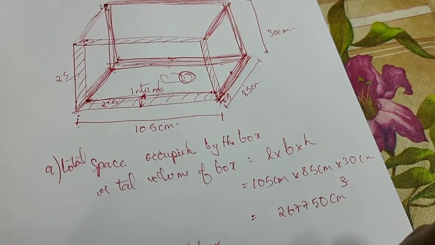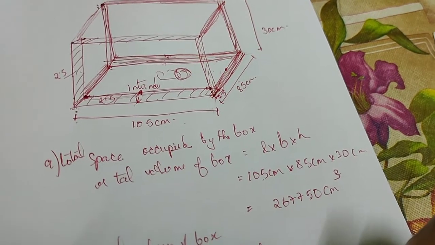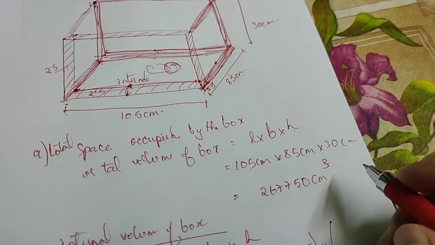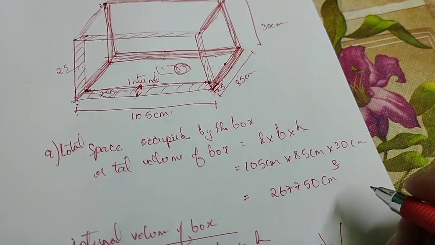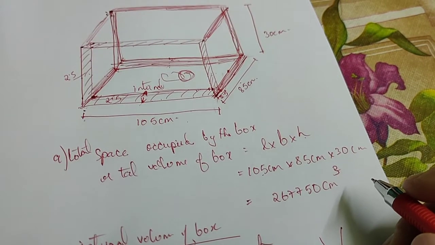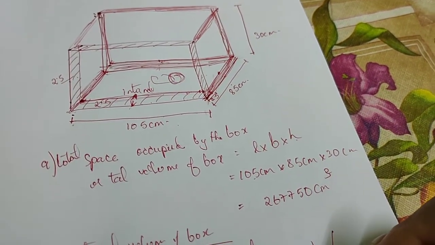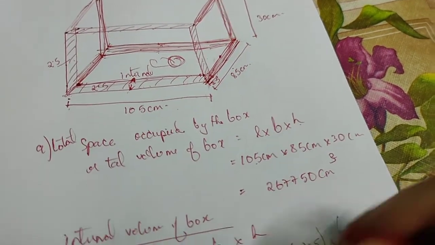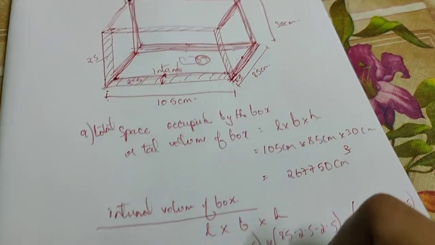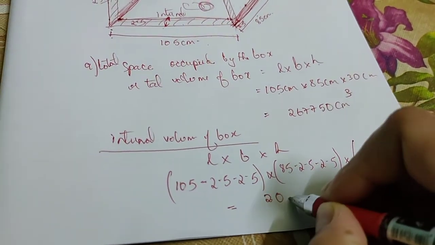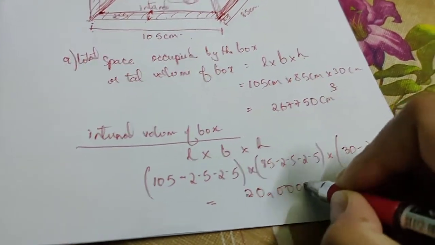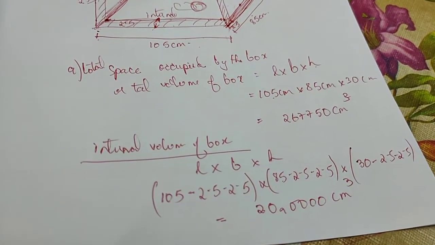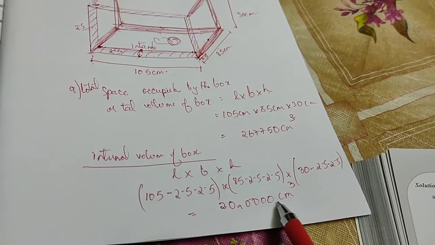So 85 minus 2.5 minus 2.5, into, similarly, height also, because the box is surrounded by 2.5 thick wood. So here it will be 30 minus 2.5 minus 2.5. Once you calculate, you will get the result in centimeter cube. This is going to be my internal volume of the box.